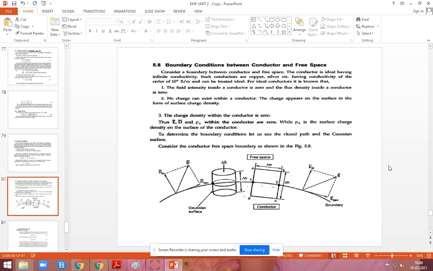Okay, field intensity is 0, charge density is 0, when you are having null charge inside the conductor. Okay, these are the 3 points you have to consider for the ideal conductor. Okay, so simply, E vector, D vector, rho v is 0.